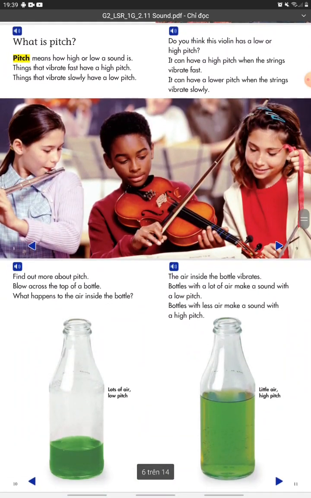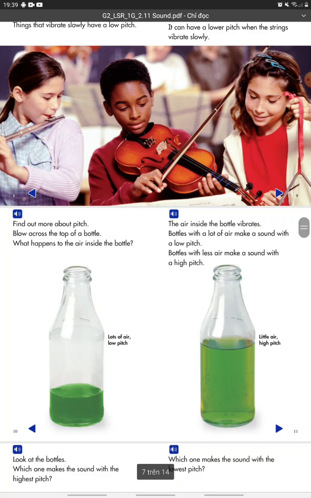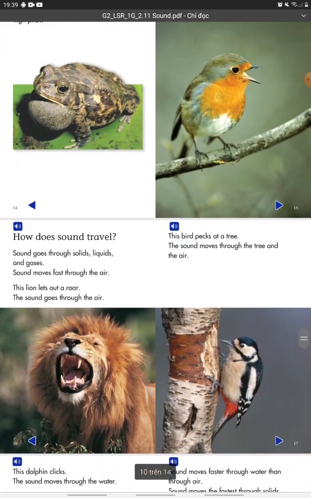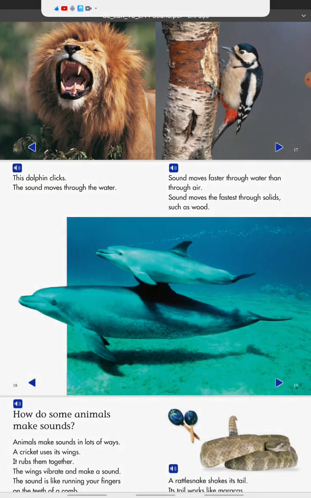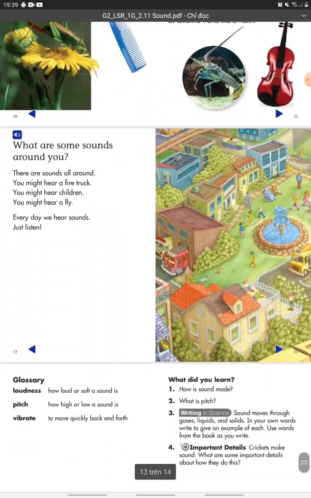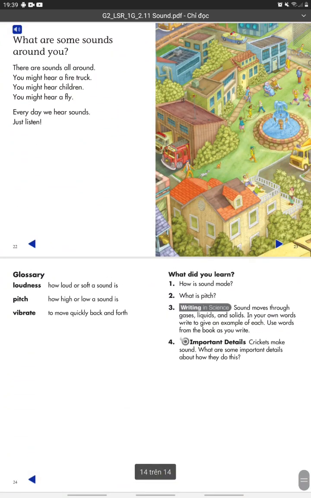And air is gas. So normally most living things can make sound through air, which is a gas, which is a state of matter. Alright, that's one liquid and one gas. And now it's time for solids.